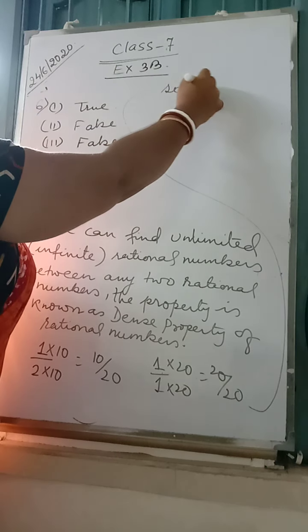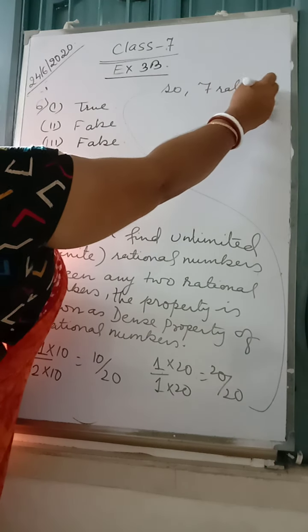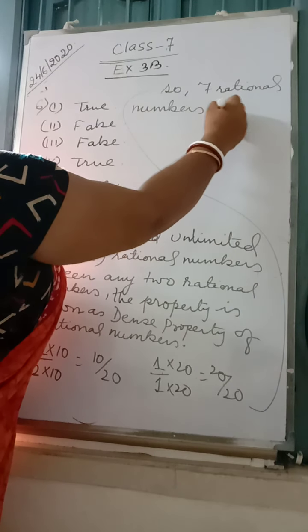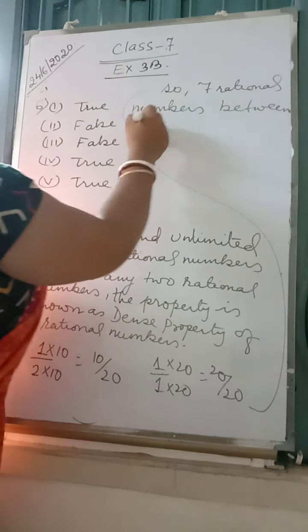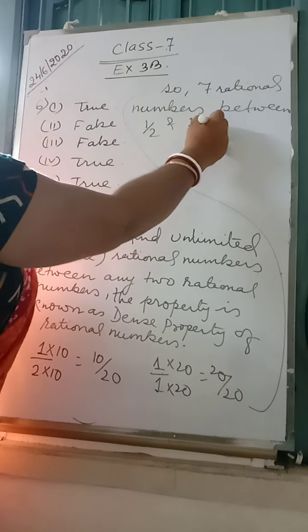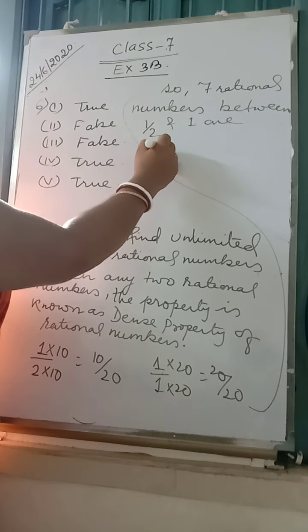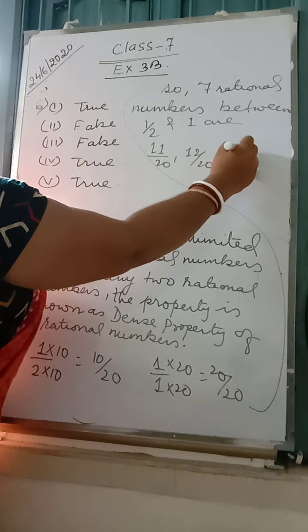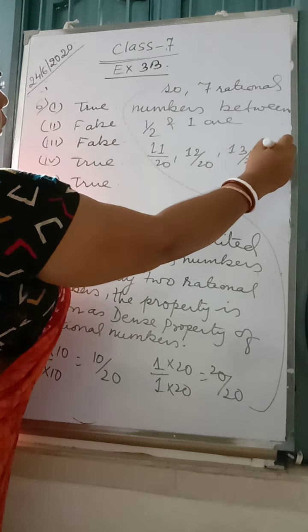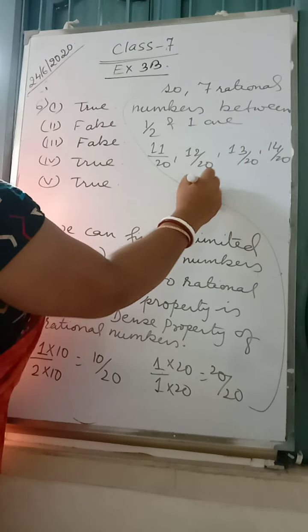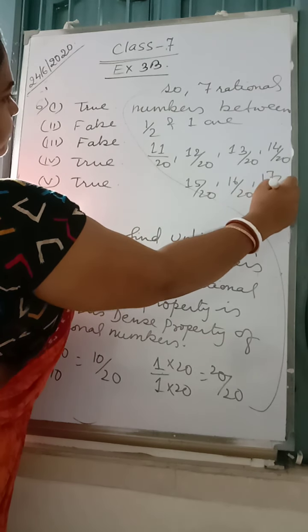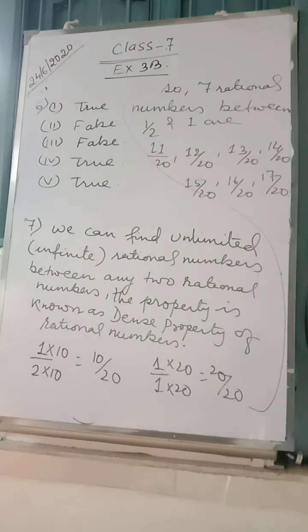So 7 rational numbers between 1 by 2 and 1 are 11 by 20, 12 by 20, 13 by 20, 14 by 20, 15 by 20, 16 by 20 and 17 by 20. They are in between. This is question number 7.